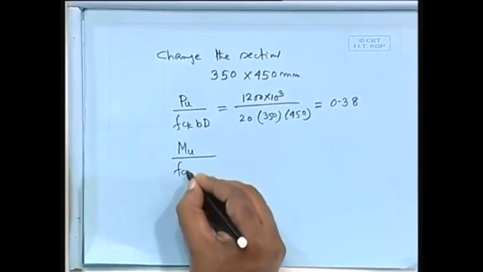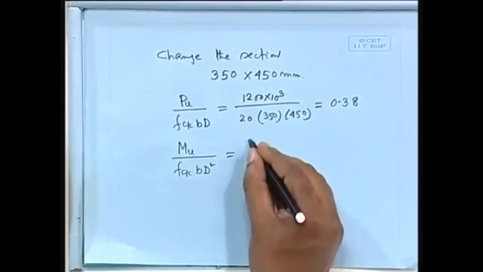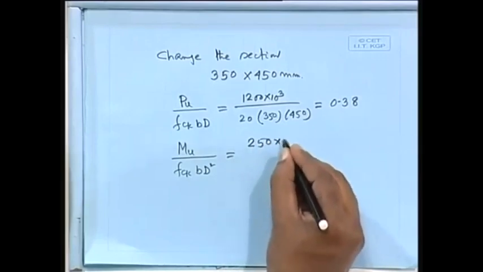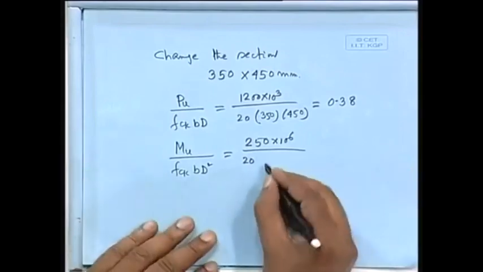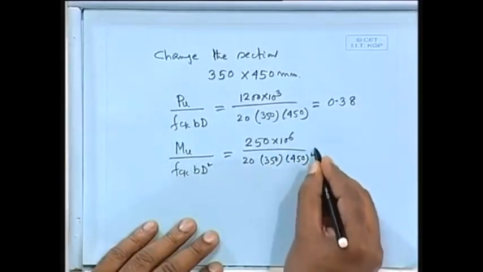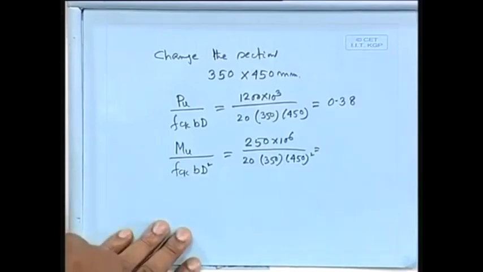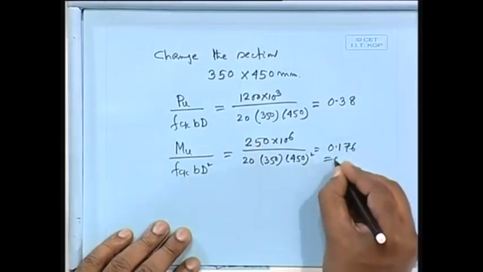Mu by fck b d square, so it comes as 0.176, let us say 0.18.